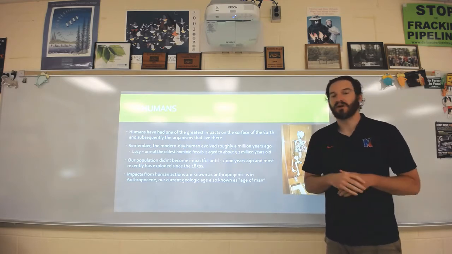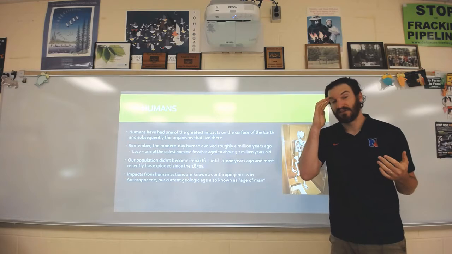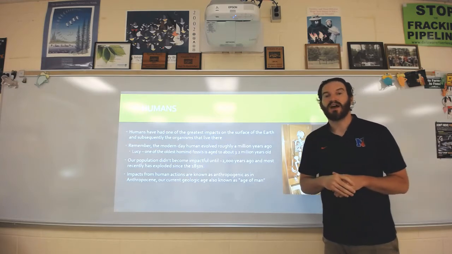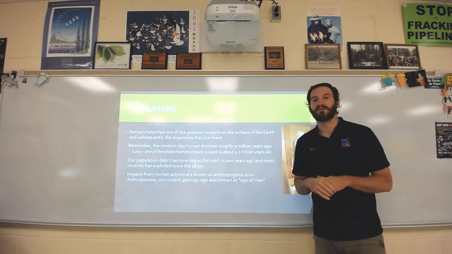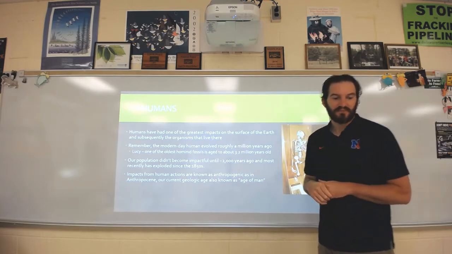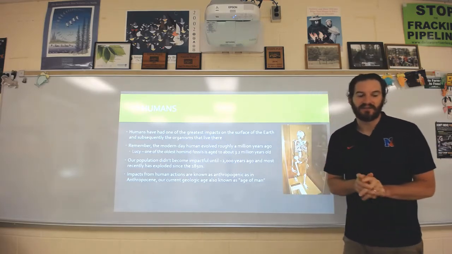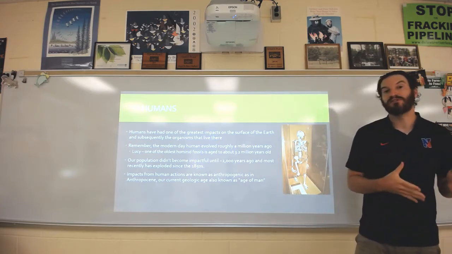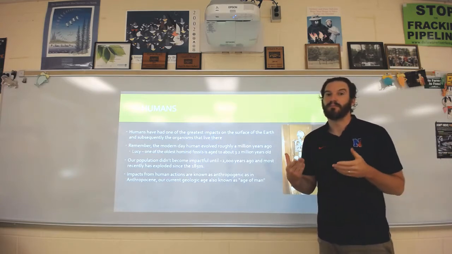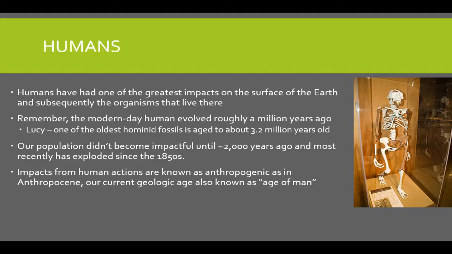But probably since 2,000 years ago or more, humans have been the dominant organism on the planet. Our current geological time is known as the Anthropocene, referring to anthropogenic, the age of man. It's human influences. So what we're going to talk about is how everything relates to humans.